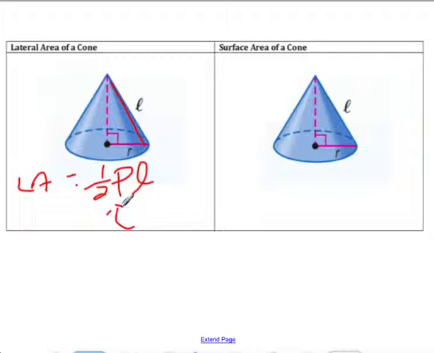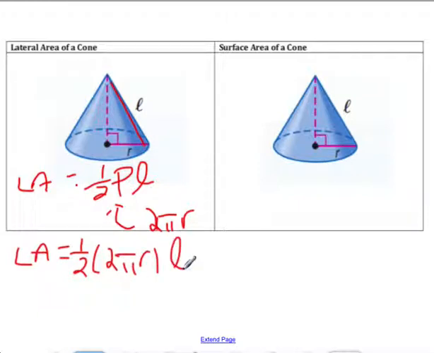The circumference is 2 pi r. So really our lateral area formula is just going to be 1/2 times 2 pi r times L. Well, let's make it even easier, because 1/2 times 2 is going to cancel out. So the lateral area is really just pi r L. So that makes it pretty easy. It's just pi r L.